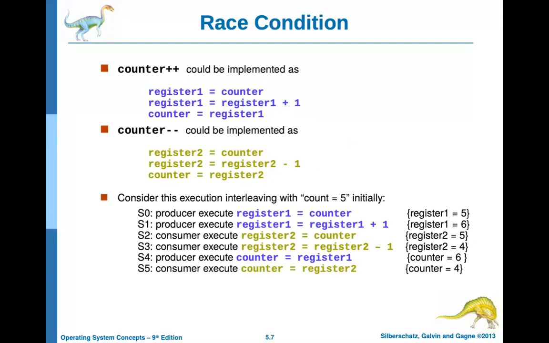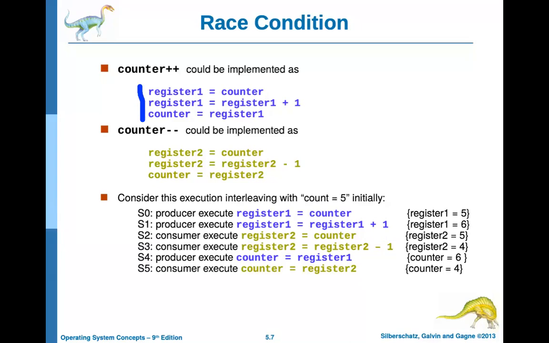Now this is the most important thing. Even though we are saying counter plus plus, you can imagine that as a C language statement, right? Counter plus plus. But how is it implemented in machine language? Typically, whenever we have a load store kind of architecture, whenever we say counter plus plus, how is it implemented?